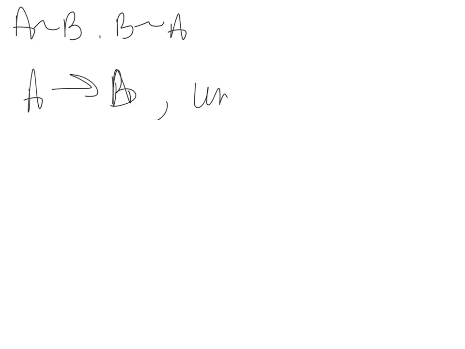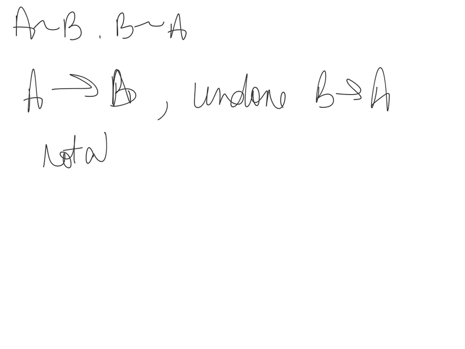How about A similar to B, B similar to A? Okay, this one's a little bit easier to discuss. Anything that maps A to B can be undone and map B back to A. Be it a rotation, we could always rotate it back.